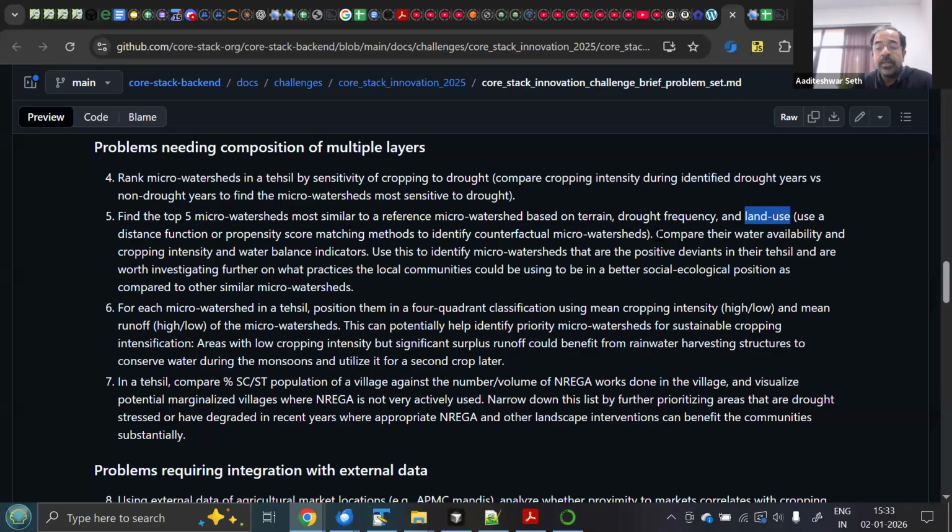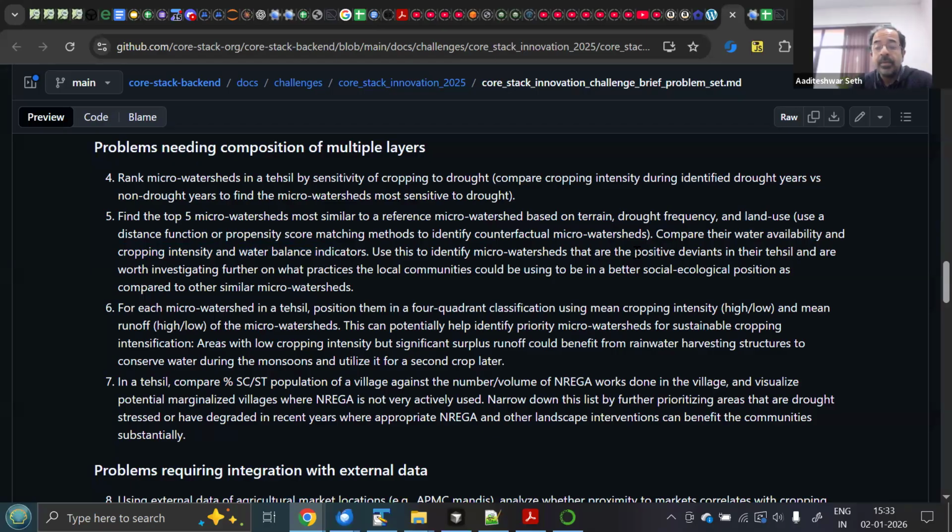But in all of these, maybe there is a difference in how they are doing cropping. Maybe some of these microwatersheds are more intensely cropped. Some have more water than others. Some have a different water balance than others. So can we use this to identify microwatersheds that are positive deviants in their tehsil?